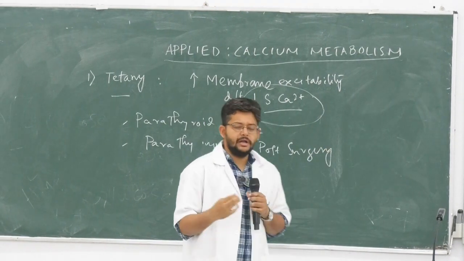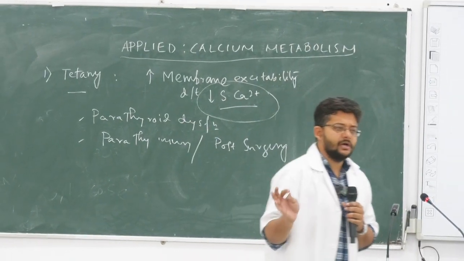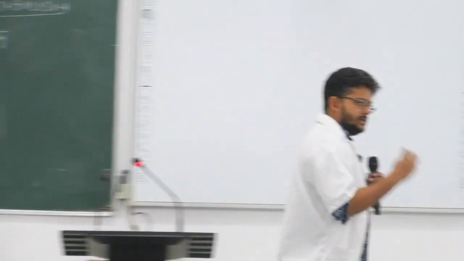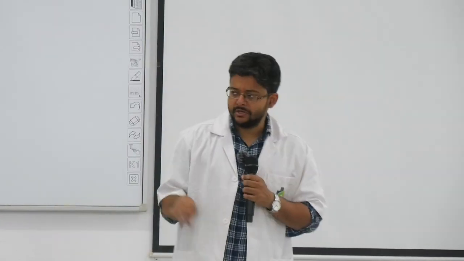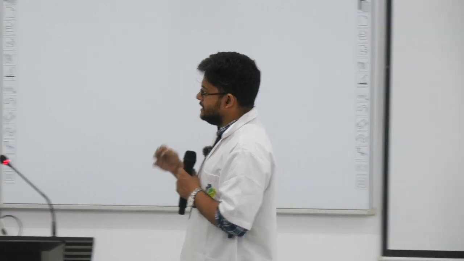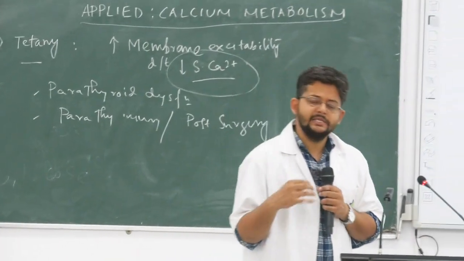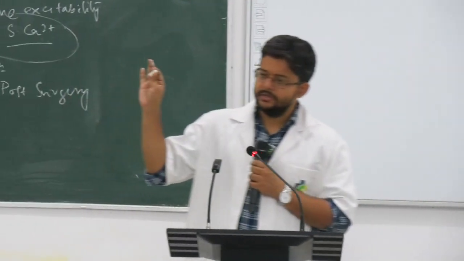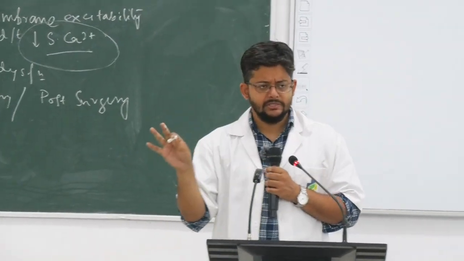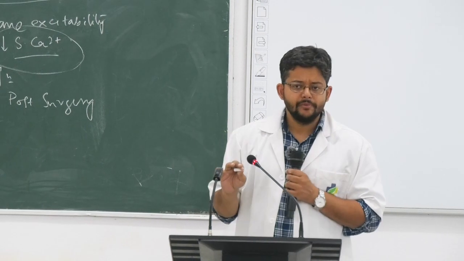The surgery may be related to the thyroid gland where the parathyroid is injured and thereby hormone secretion is down, parathormone secretion is down. This may also be due to surgery in the parathyroid itself where these are removed, whatever be the reason. So in that case it can decrease.